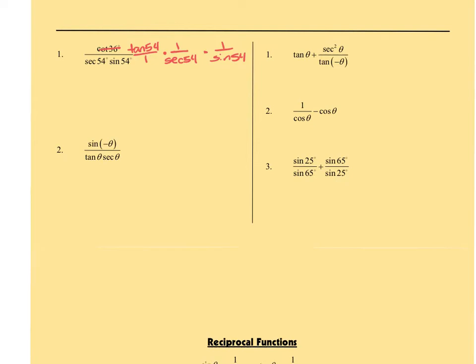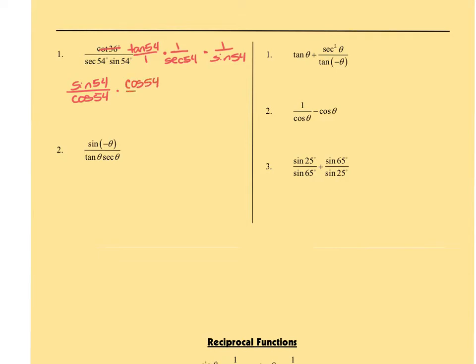This is often easier for students to visualize what's happening when they go to rewrite this in terms of sine and cosine. So tangent 54 in terms of sine and cosine is going to be sine over cosine. So sine 54 over cosine 54. Again, don't forget to write the angle measure. 1 over secant is actually cosine. So this is now going to become a cosine 54.